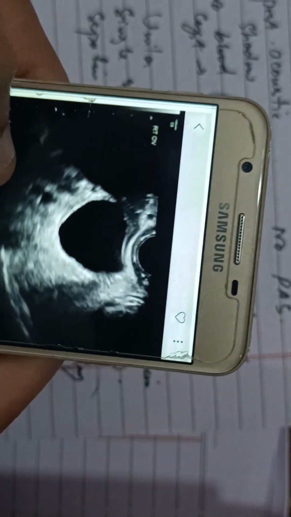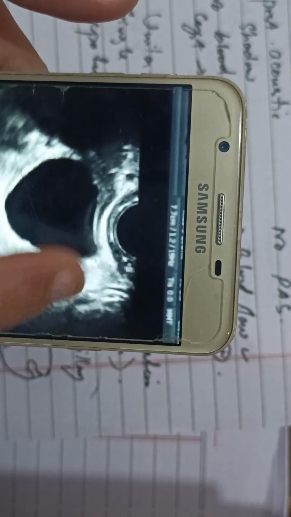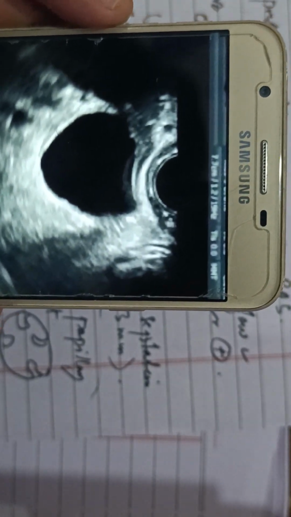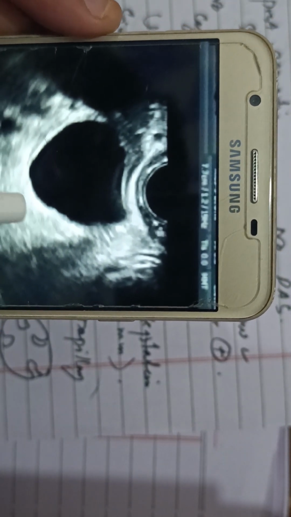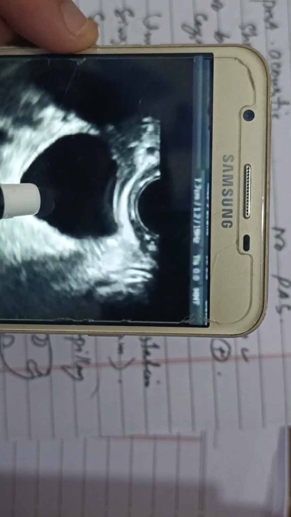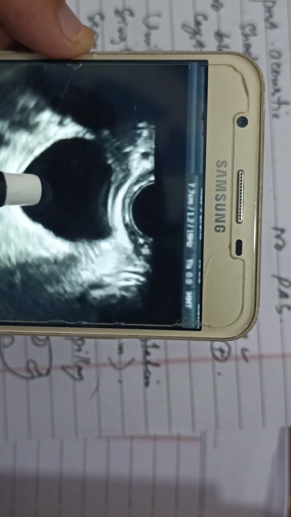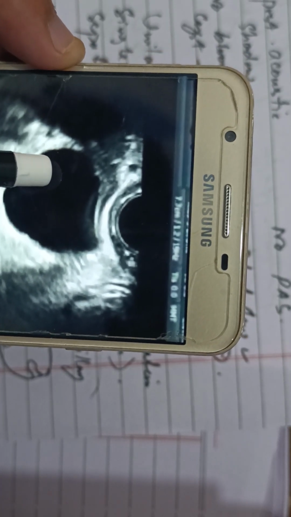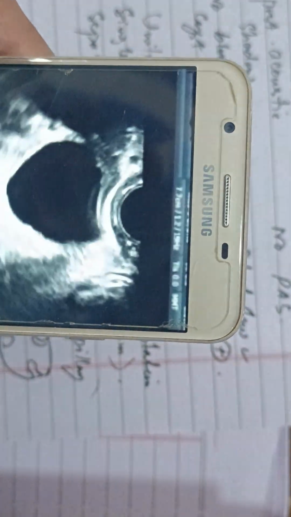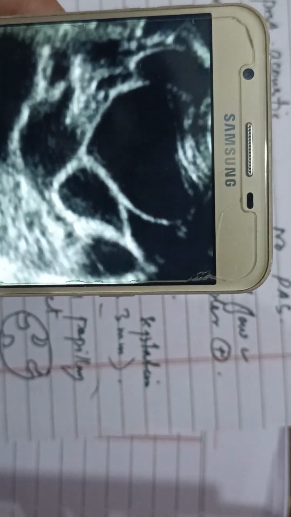You can see in this case that it is a benign one because this is the posterior acoustic shadow, this one. It is unilocular hypoechoic cystic. If there is a solid component in it, then it will be malignant. Like in this case, this is malignant. Why?